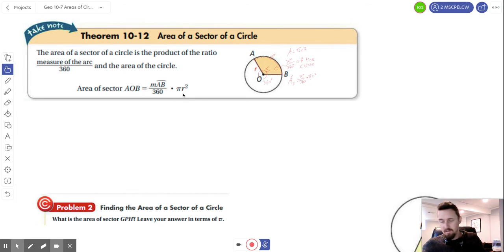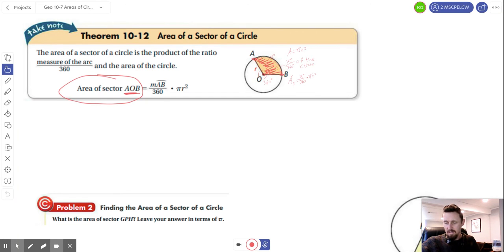It's interesting here to notice that this is how you name a sector. AOB is the name of this sector. We would always go with the smaller sector.